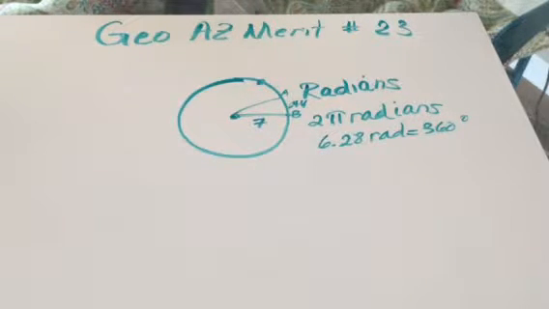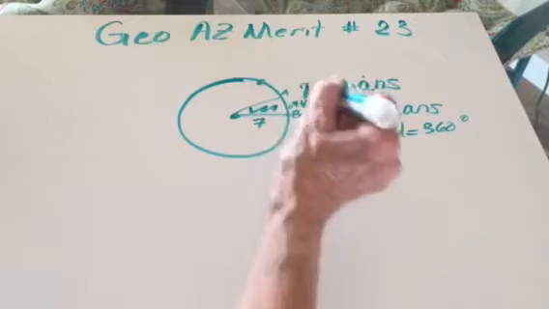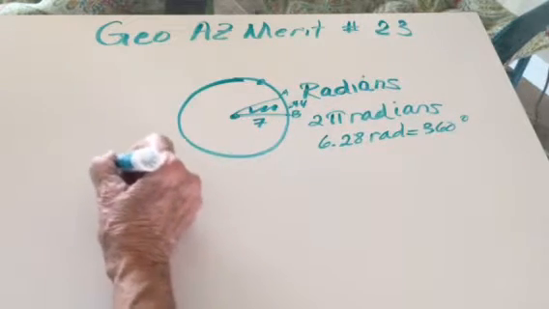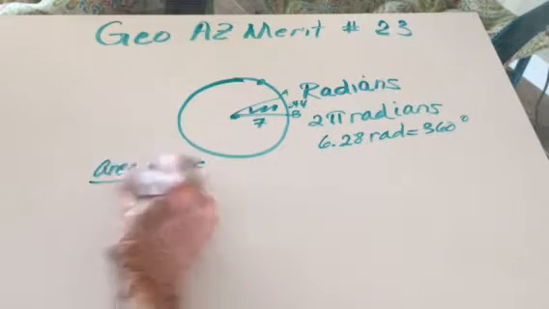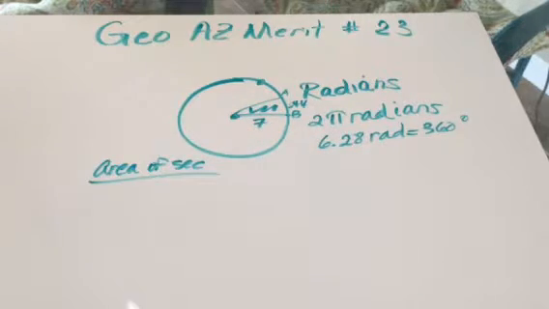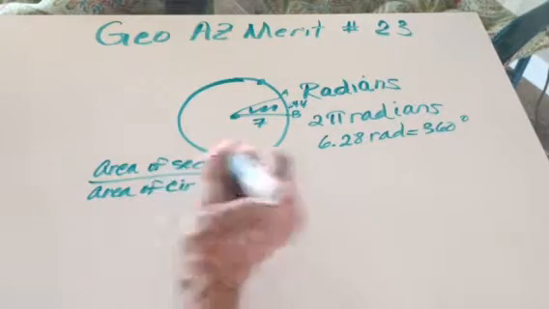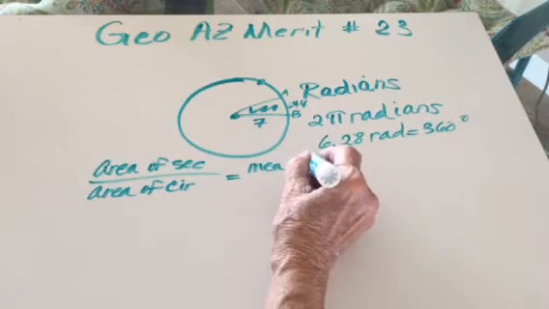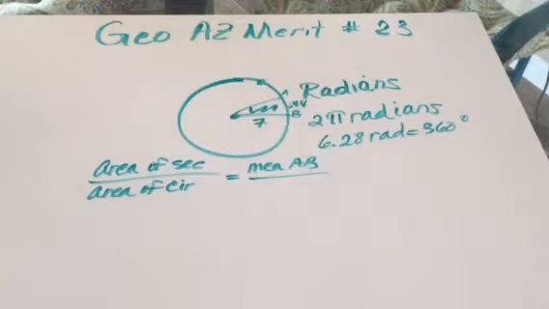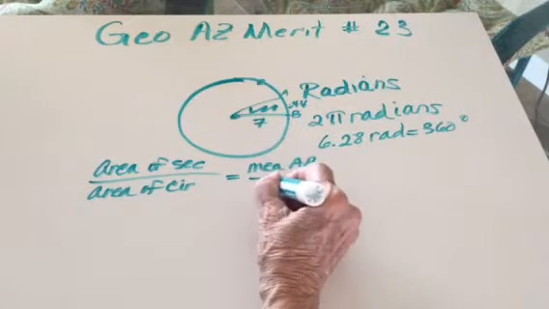The formula for the sector is the area of the sector divided by the area of the whole circle equals the measure of AB, or whatever that arc is, divided by 360.